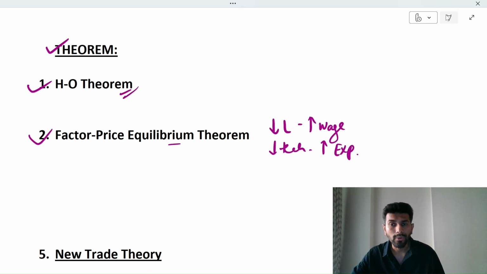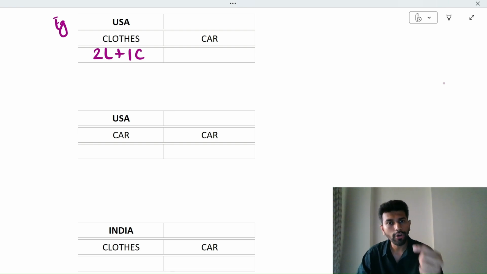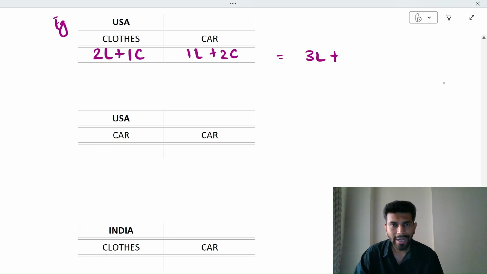Let's check out how. For example, if USA produces cloth, it requires 2 units of labor and 1 unit of capital, and if it produces a car, then it requires 1 unit of labor and 2 units of capital. So in total, 3 labor and 3 capital are required.